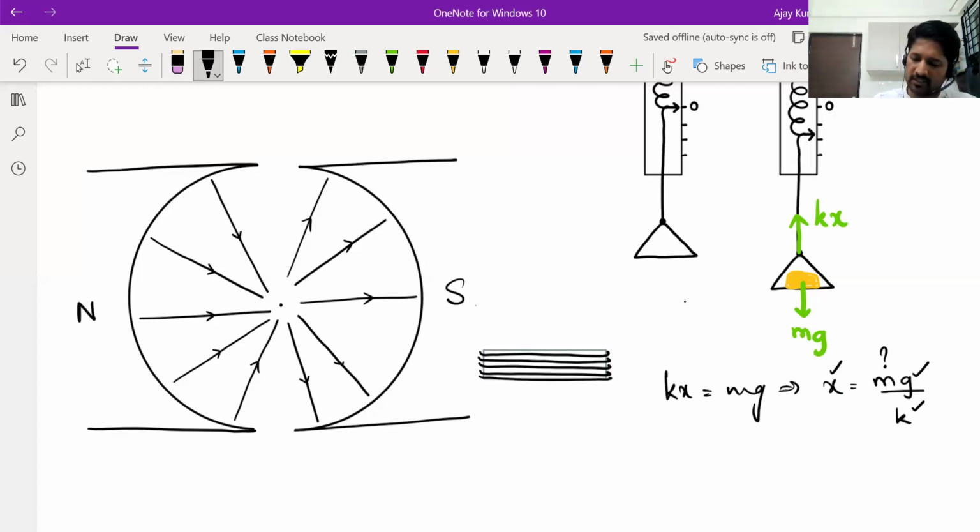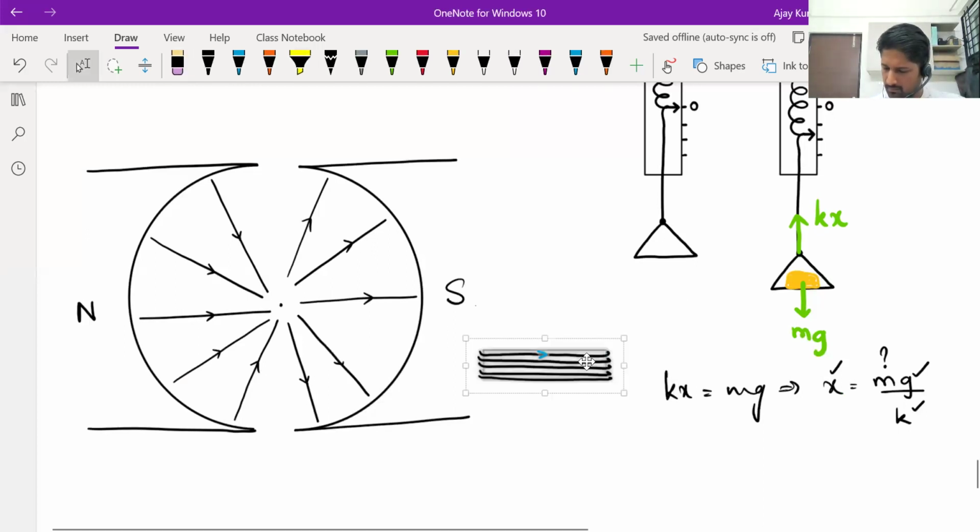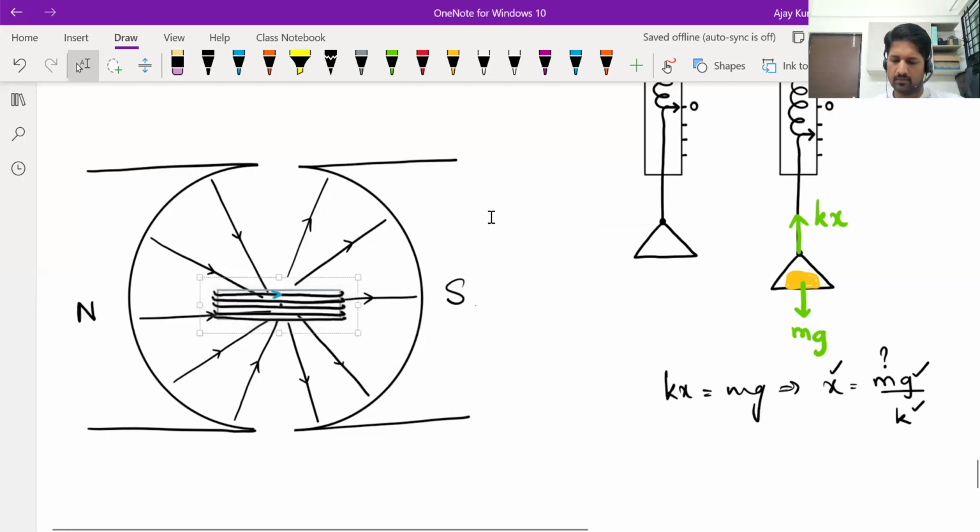When current passes through it this way, its magnetic moment, just curl your right hand fingers along the flow of current, will be like this. So assume this loop is able to rotate inside this magnetic field.